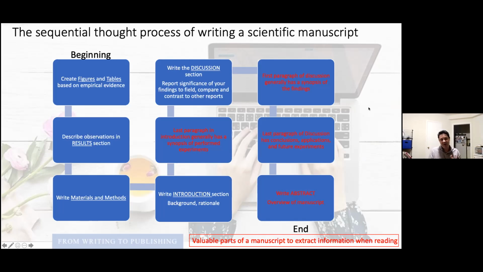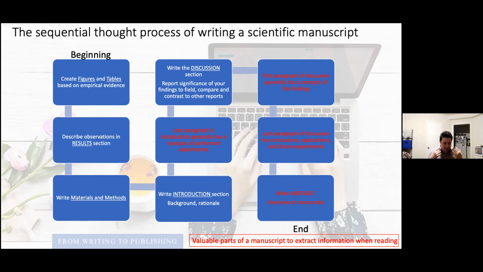And then something that makes sense is we go to the introduction. And the introduction section is the background, its rationale, you're describing your hypothesis, you're sort of setting the stage for what the reader is going to learn about a little bit later as they progress through the manuscript. Then I have this phrase, and it's shown in red. And the key on the bottom says, valuable parts of a manuscript to extract information when reading.